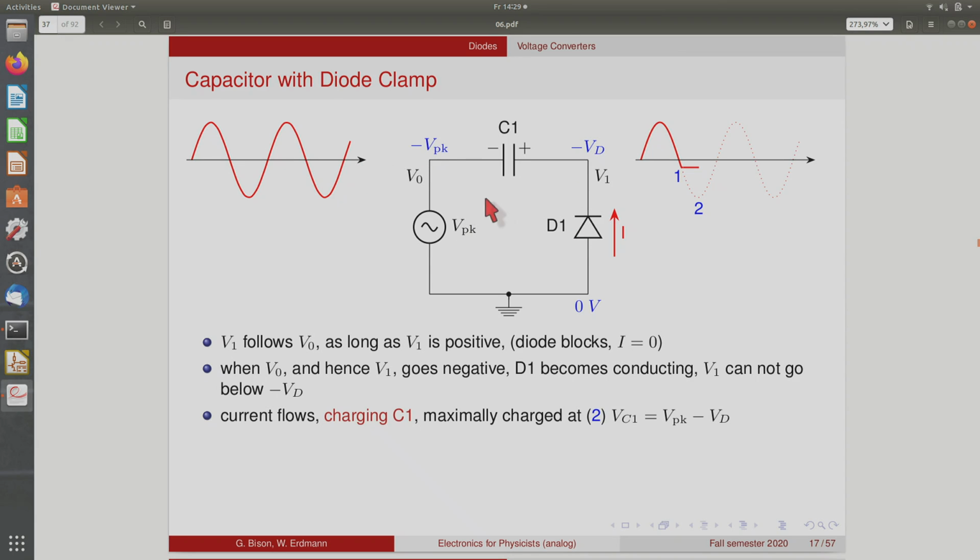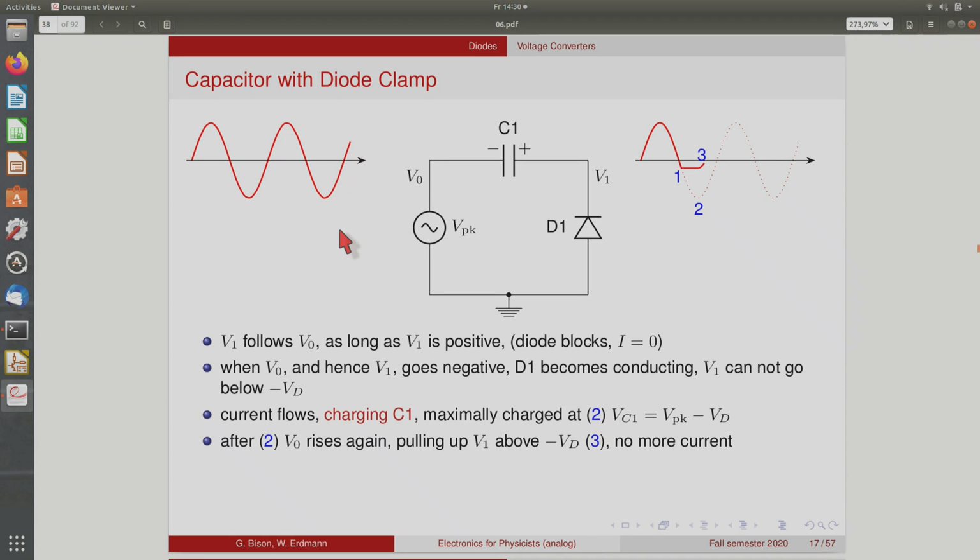Here we have the negative voltage, and the positive voltage is here. So there's a current flowing through the diode, and this current charges the capacitor. Now we start storing a voltage on the capacitor, which corresponds to the amplitude of this sine wave, the peak voltage of the sine wave.